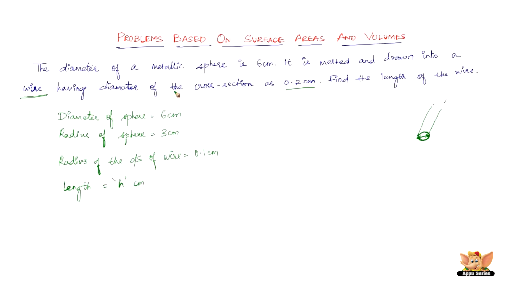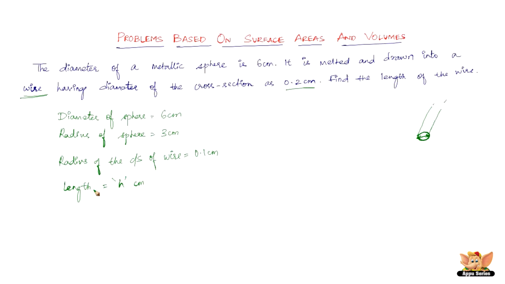Now, since the metallic sphere is converted into a cylindrical shaped wire of length h centimeter, without wasting anything, the volume of the metal used in the sphere should be equal to the volume of the metal used to make this wire, right? So the volume of a sphere is given by 4 by 3 pi r cube, and the volume of a cylinder is given by pi r square h.